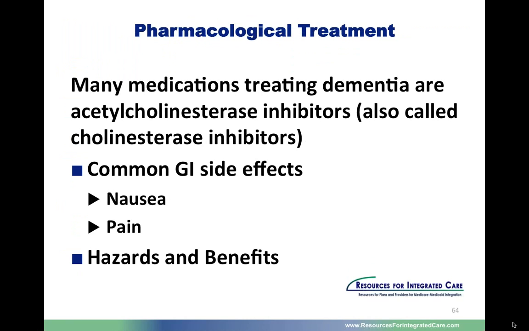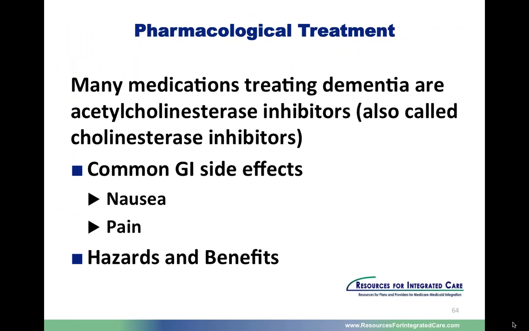So the medication we're giving for dementia can cause pain when the person already has a pain situation. So you have to be able to acknowledge when the pain is a side effect of the medication versus when it's got the pain situation in place.